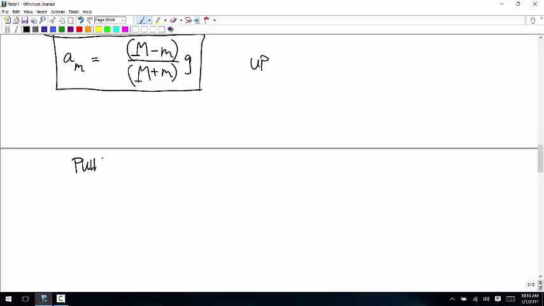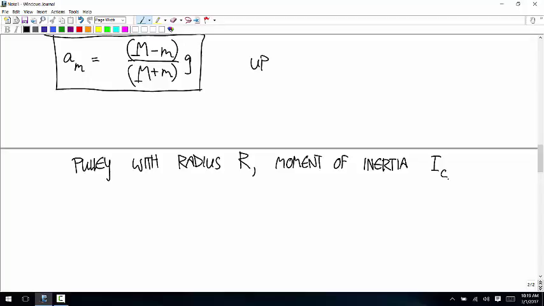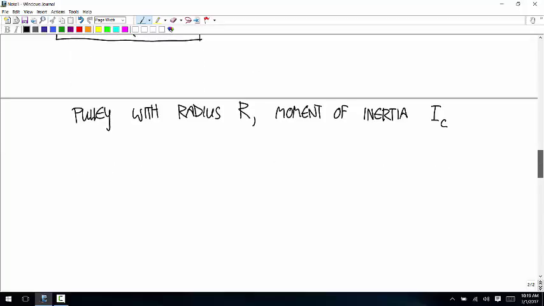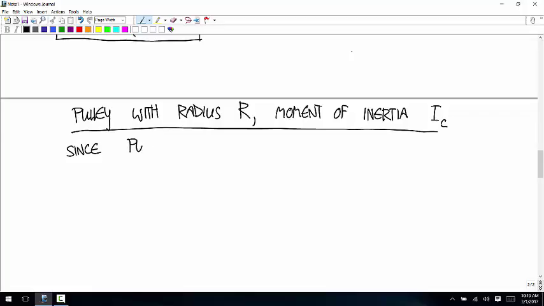Okay, so now we're going to deal with a pulley, with a radius, capital R, and a moment of inertia about the center, I sub C. Since the pulley isn't massless this time, the tension in the cable changes along its length.